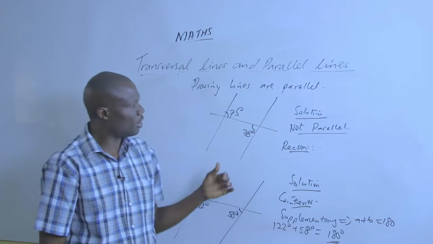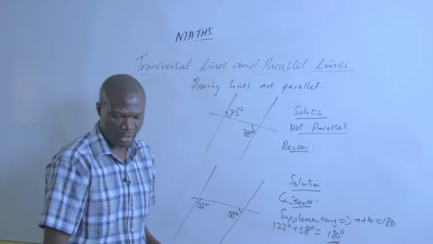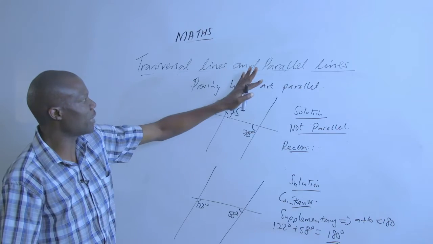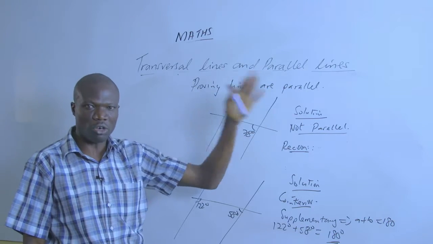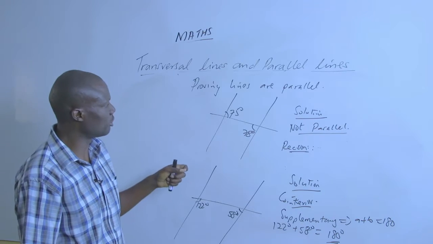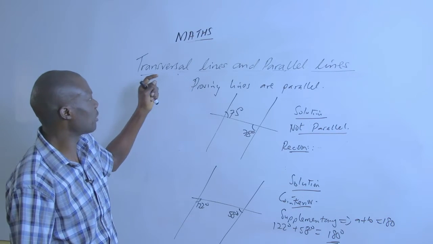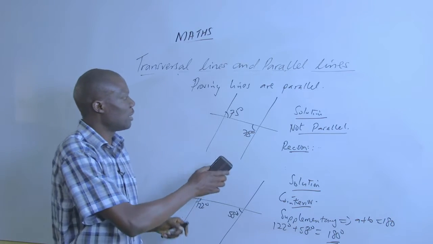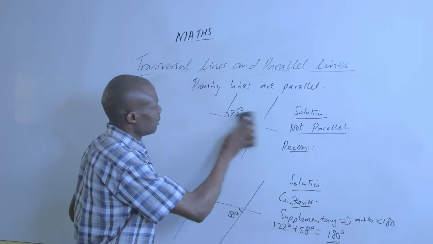So in general, we find that it is very easy for us to use a transversal line given parallel lines to solve so many angle-related problems. And it's always good to know the relationship that connects the angles of a transversal line on a parallel pair of lines.